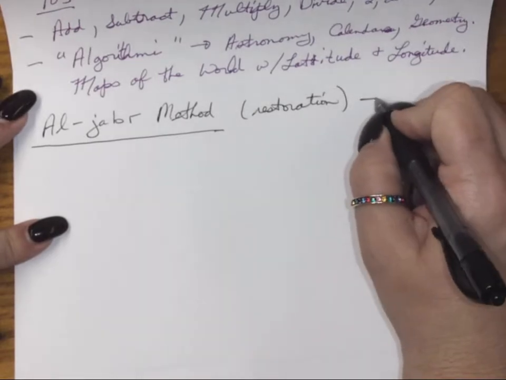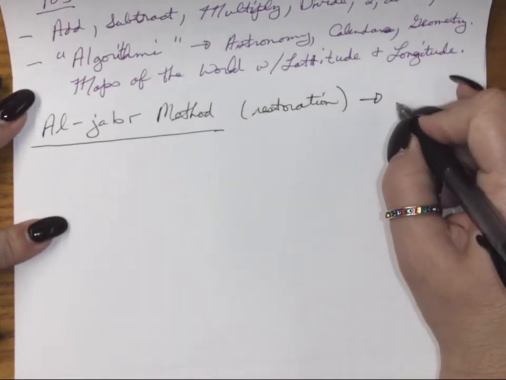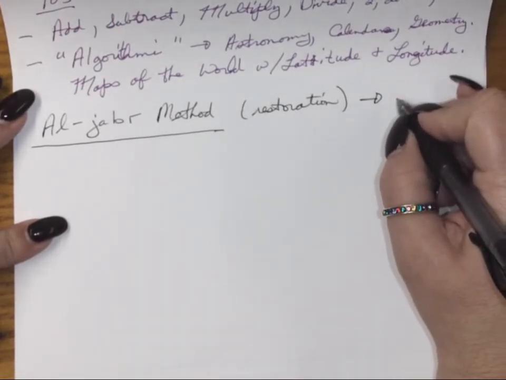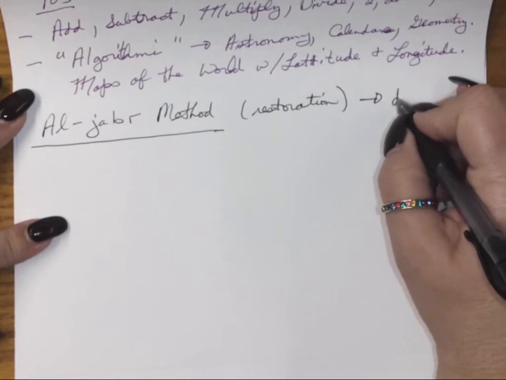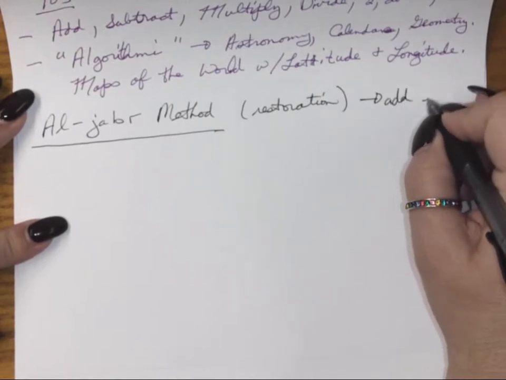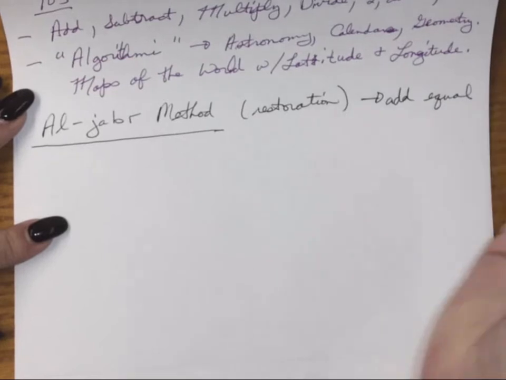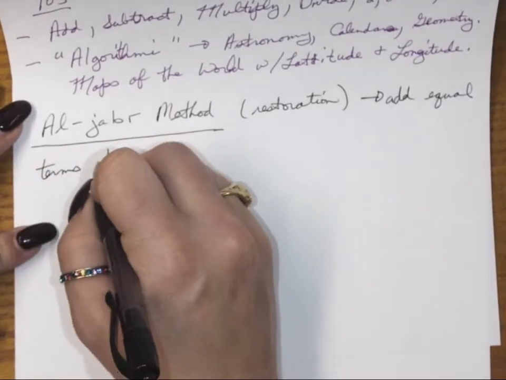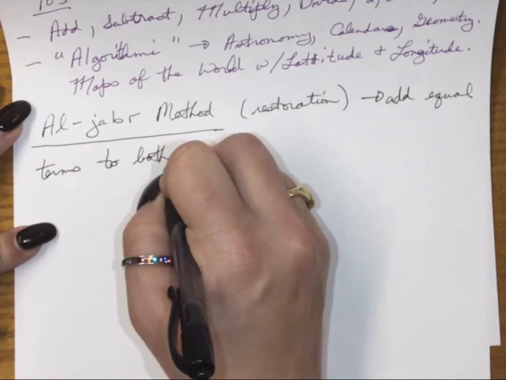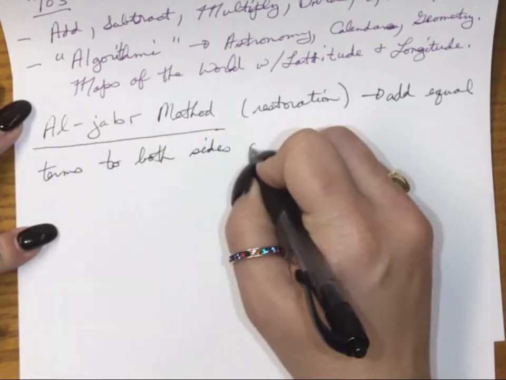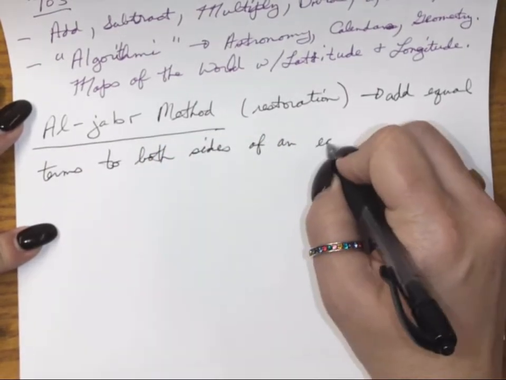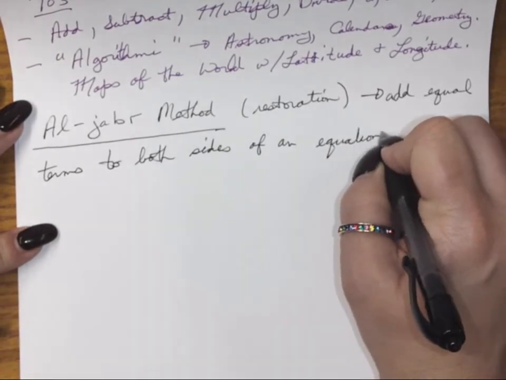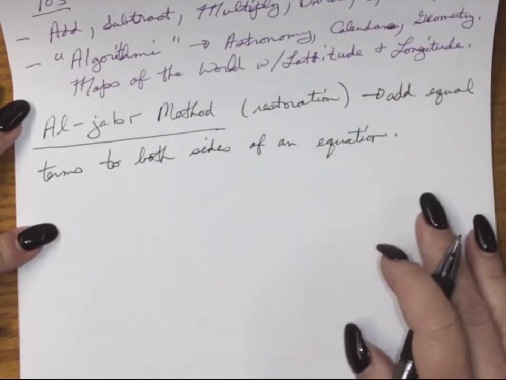And basically what this becomes for us is a very basic algebraic rule that says I'm allowed to add equal terms to both sides of an equation. Now, to us, in modern days with modern algebra, that sounds like, yeah, of course we can.